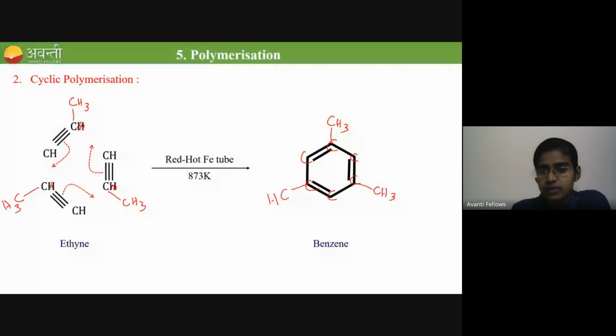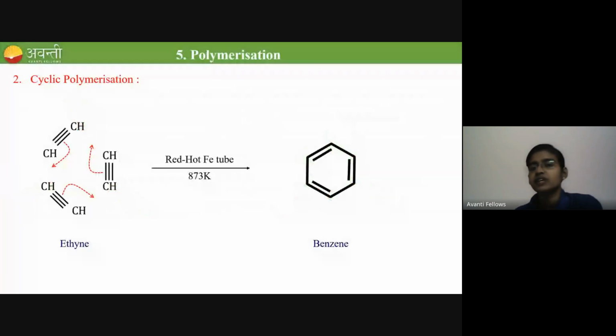So what am I getting? 1, 3, 5 trimethyl benzene we are getting. So this is how you have to do the cyclic polymerization and get the product. Got it? So I hope this is clear to all of you guys. So this is the last chemical reaction of alkynes.